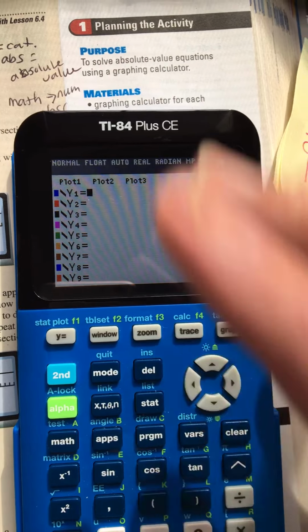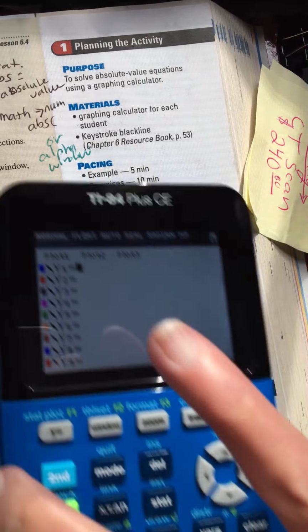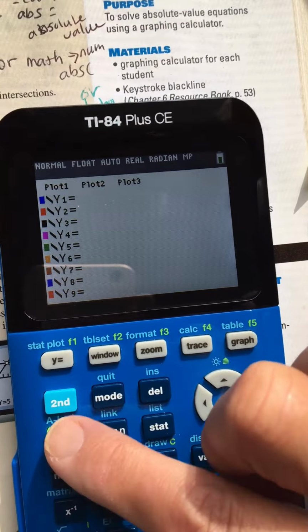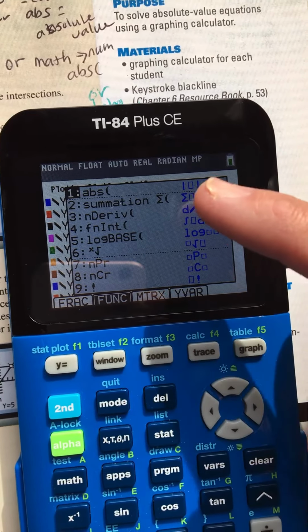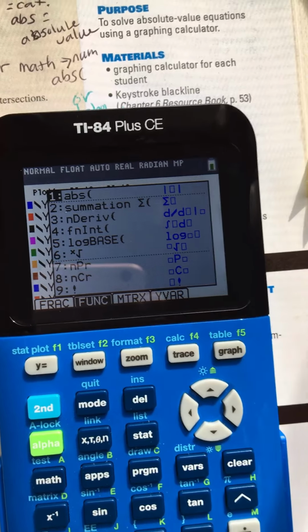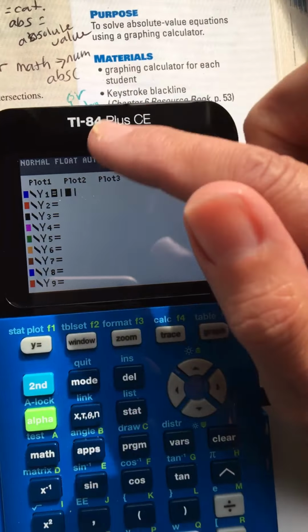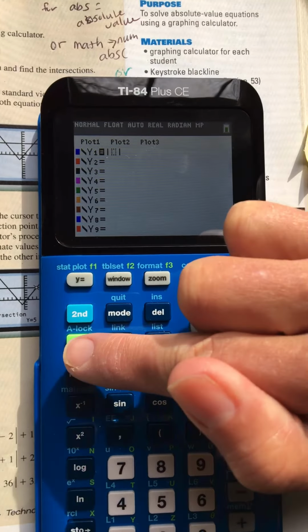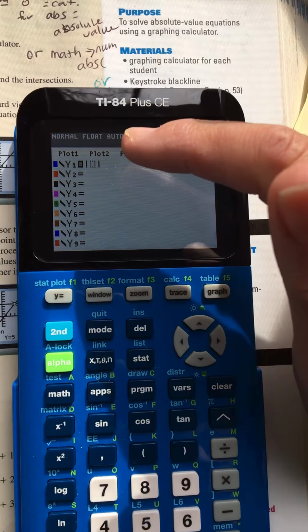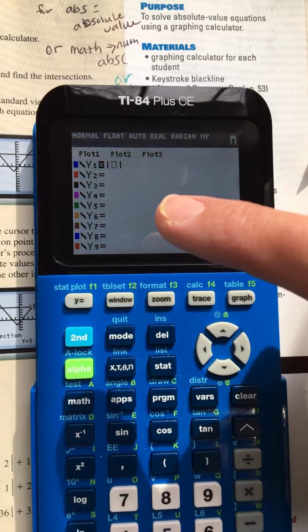I'm going to clear it out and show you the third way. You do alpha, window, and this is a shortcut menu, and number 1 is abs, absolute value. For some of you, your shortcut menus don't work. You tried alpha window and you just got window, without the pop-up shortcut menu.